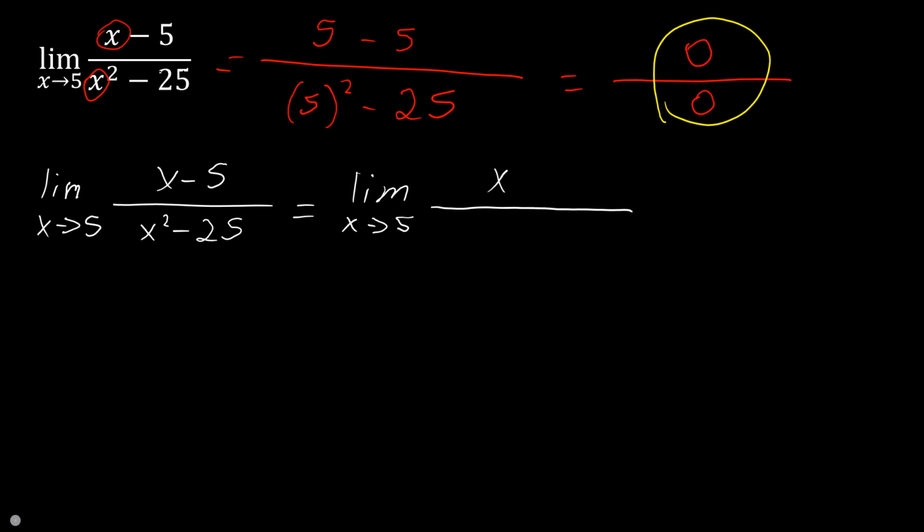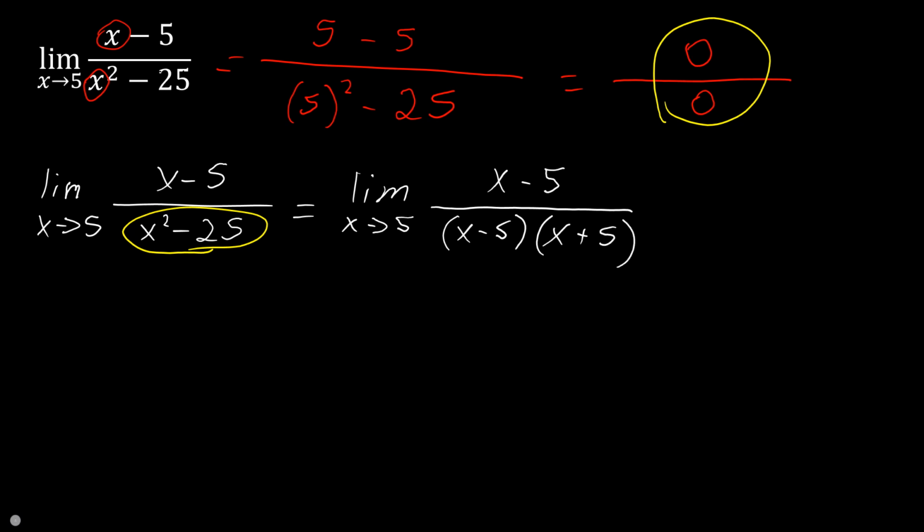So we know x minus 5 is basically nothing we can do with that. So let's factor this expression down here on the bottom, and that's basically a difference of perfect squares. So we know that's x minus 5 times x plus 5.